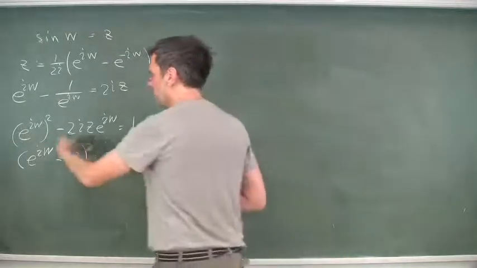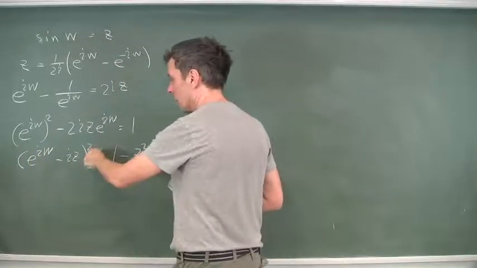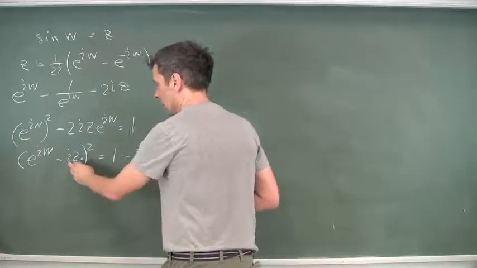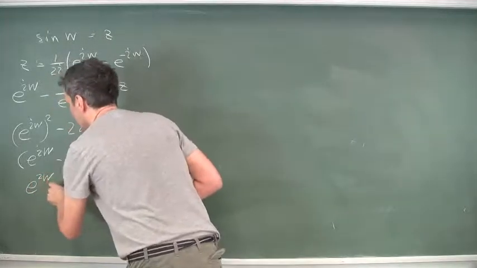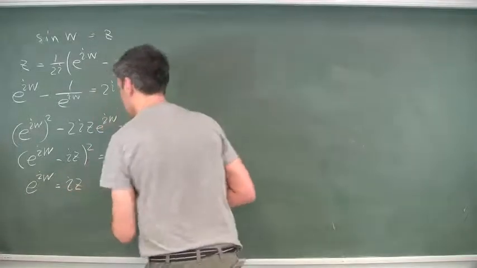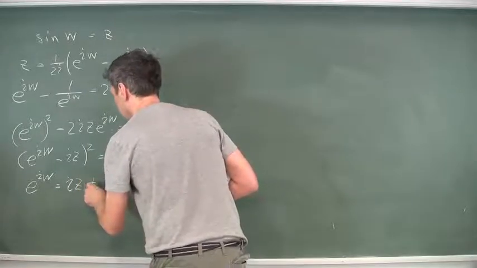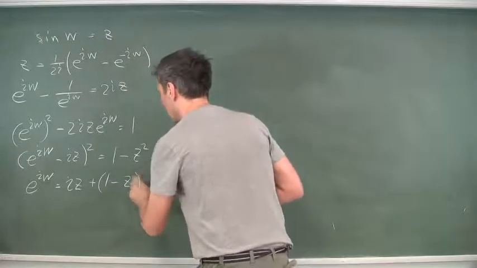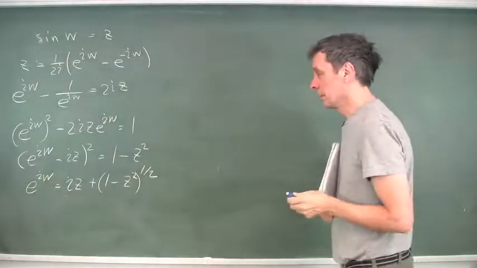And then we formally, so to speak, take the square root of both sides, which means raising to the power 1/2, and in addition, we move this term over to the other side, and we get the expression e to the power iw is equal to iz plus the square root of 1 minus z squared.